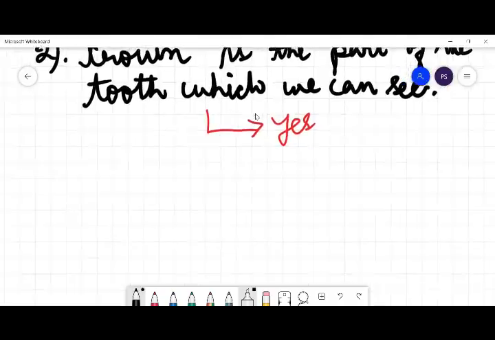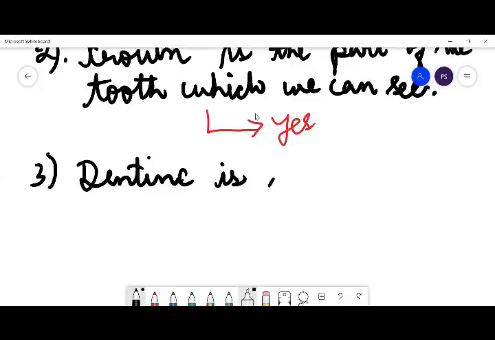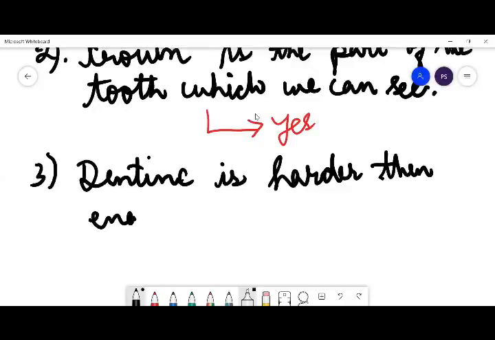Now the next question is, you remember the part of the tooth, dentine? Dentine is harder than enamel. Is it right or wrong?